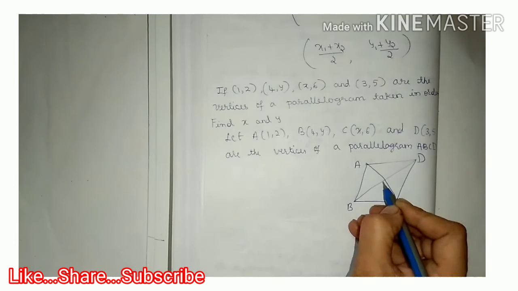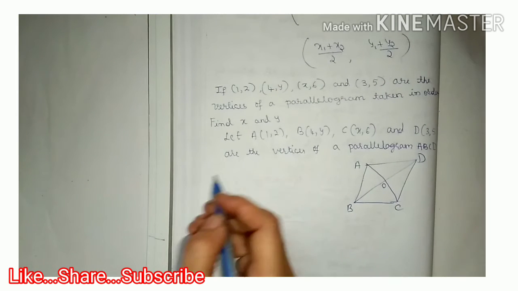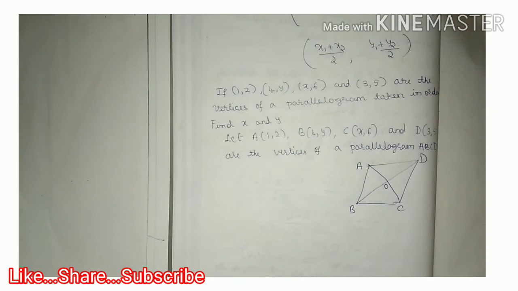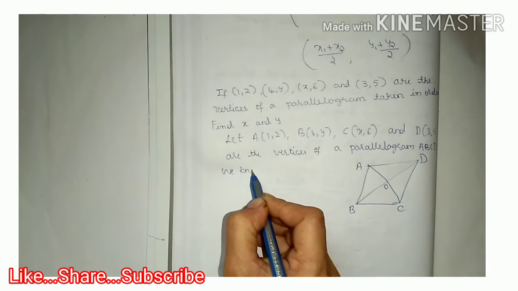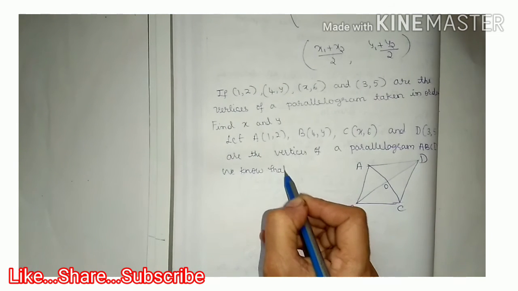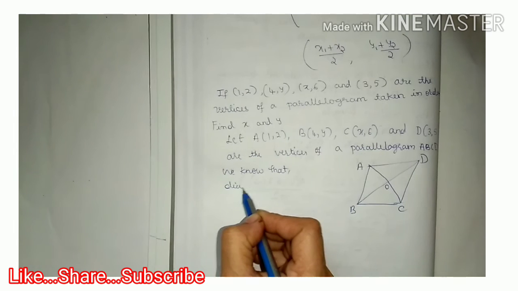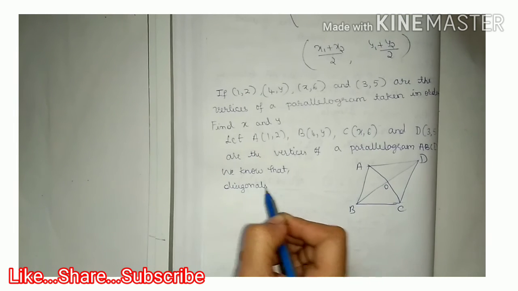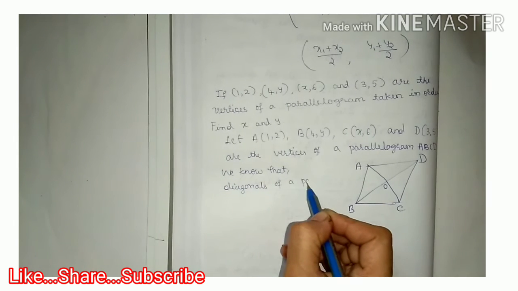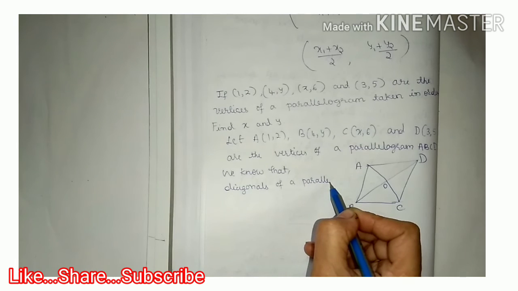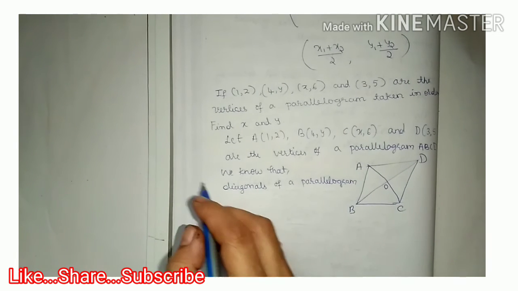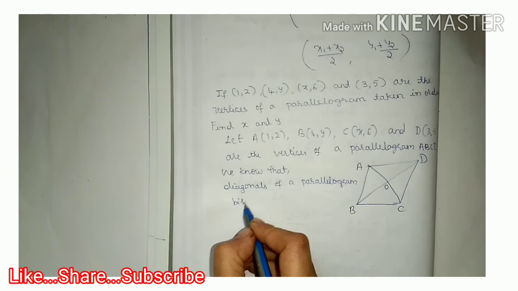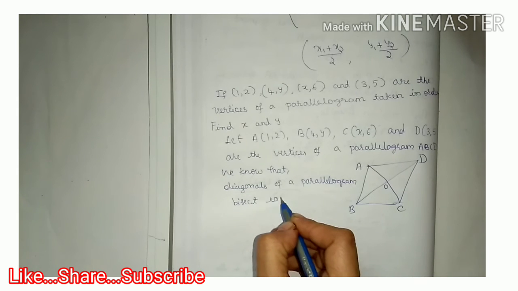Diagonals intersect at O. We know that the diagonals of a parallelogram bisect each other.